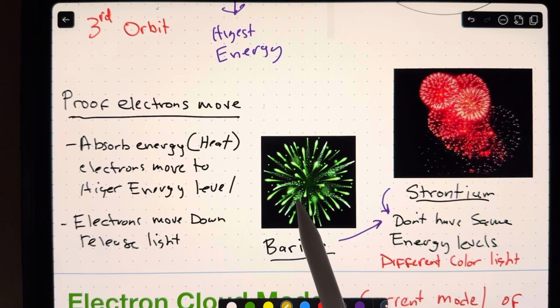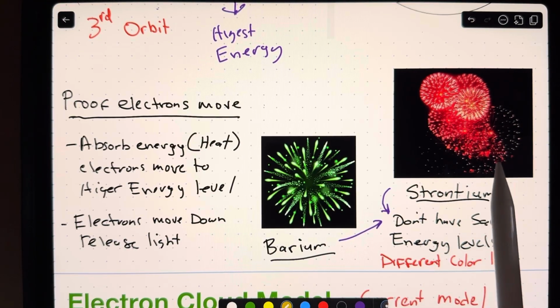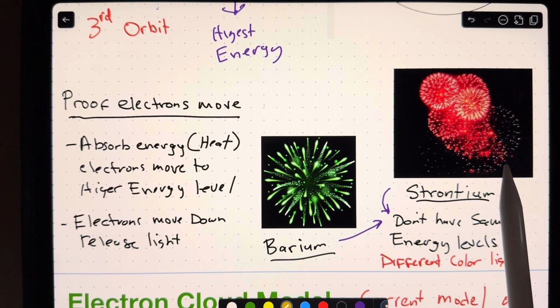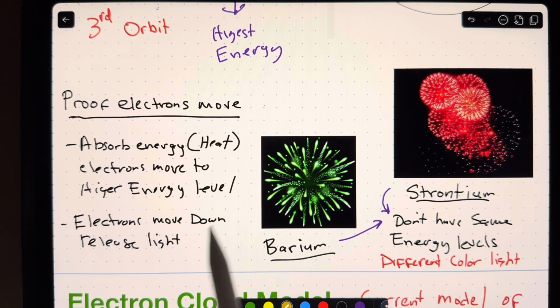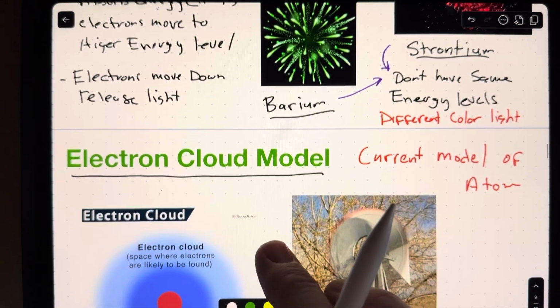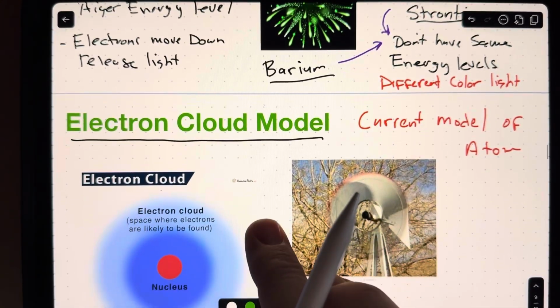Barium is green, strontium makes the red in your fireworks. And so they don't have the same energy levels, and they are going to give different colors of light as the electrons move around. So we know that they move. When they move down, they release light. When they move up, maybe some heat. And you can hear some sound too from the chemical reaction.